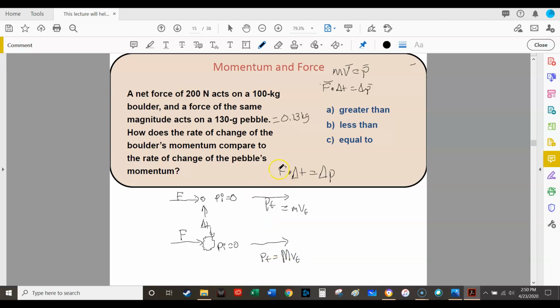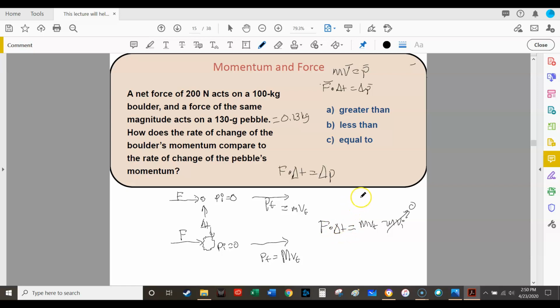Well, if they both have the same force applied over the same period of time, and that momentum is going to be mv final minus mv initial, and both objects have the same initial momentum, then that means both objects are going to have the same final momentum, because F delta t is going to be equal for both objects, right?